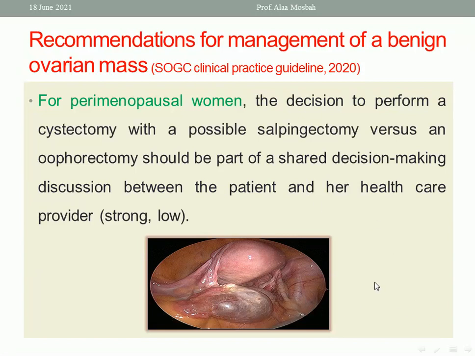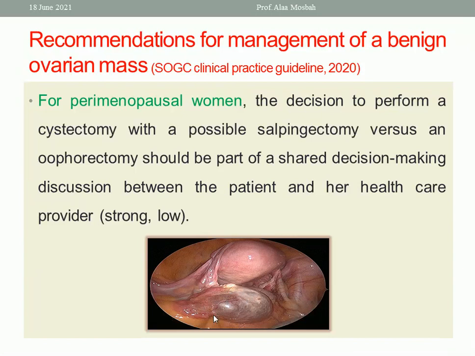The question here is whether to do cystectomy and salpingectomy. Look at this picture, please. Like this ovarian cyst, I can do cystectomy and remove the residual ovarian tissue. With cystectomy, I will do salpingectomy also. Why am I leaving the residual ovarian tissue? To give her the hormones till the age of menopause.